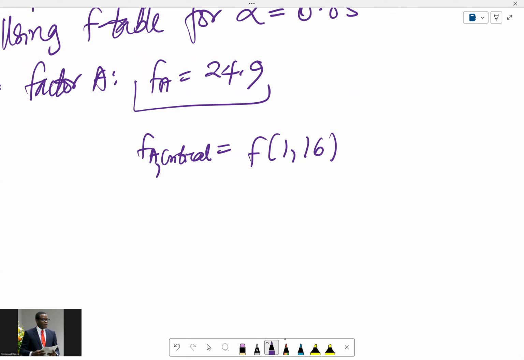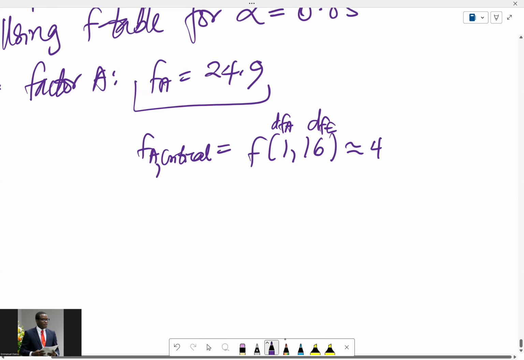It looks like A minus 1, N minus AB, so 1 and 16. The critical value for F with 1 and 16 degrees of freedom, degrees of freedom for A and degrees of freedom for error, is approximately 4.49.